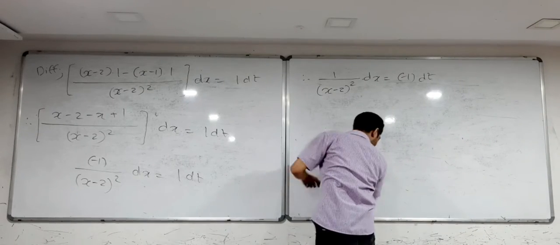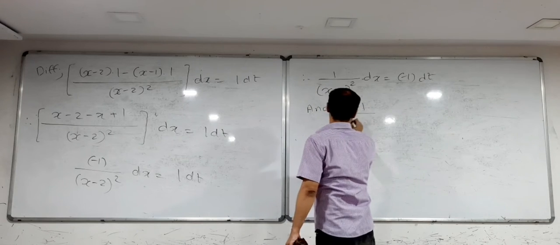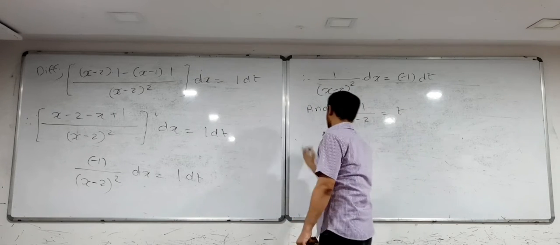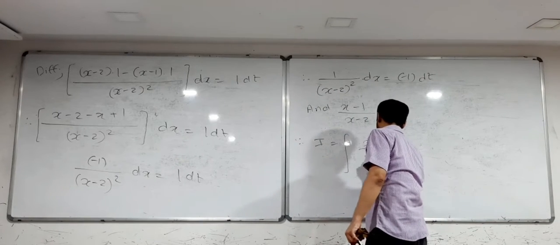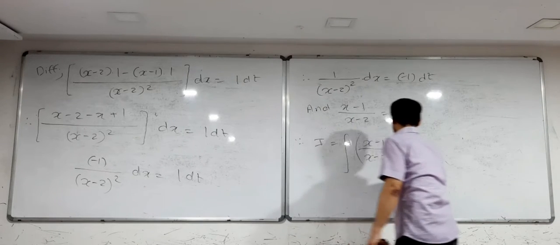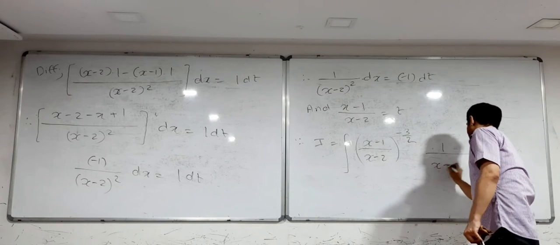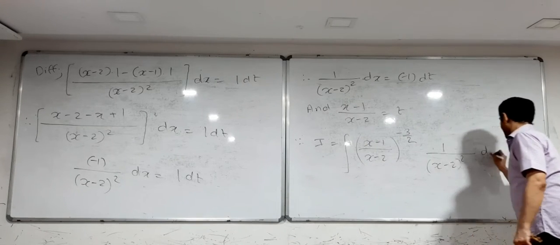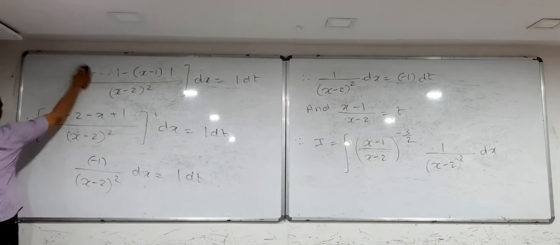So our question reduces to: x minus 1 upon x minus 2 was t, so our question was (x minus 1 upon x minus 2) whole raised to minus 3/2 into 1 upon x minus 2 the whole square dx, so that is t raised to minus 3/2.